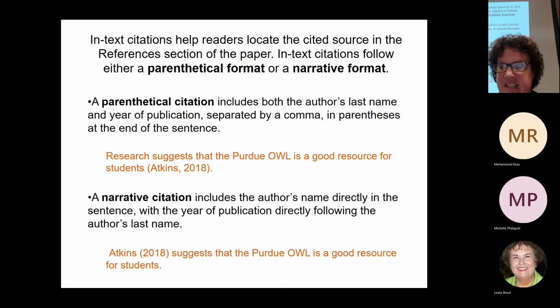In this case, Atkins suggests, or such and such says, or remarked, or came up with a great idea. So I had to introduce them first, and then I could just go by Atkins. So in APA, you'll do the name and then the date in parentheses.